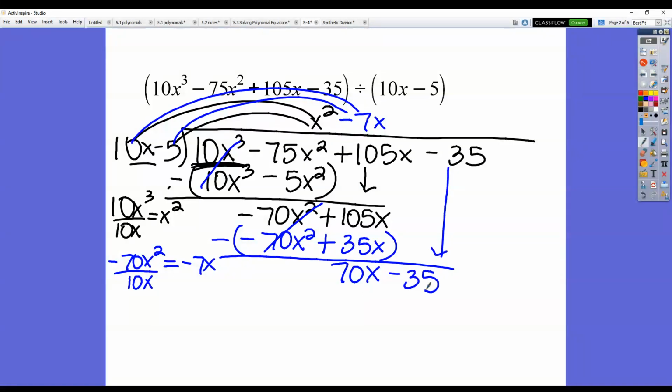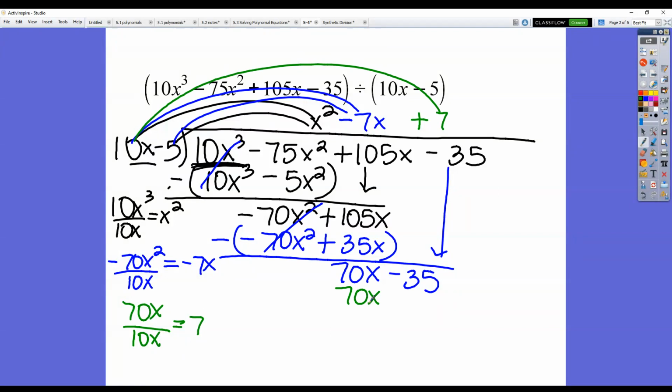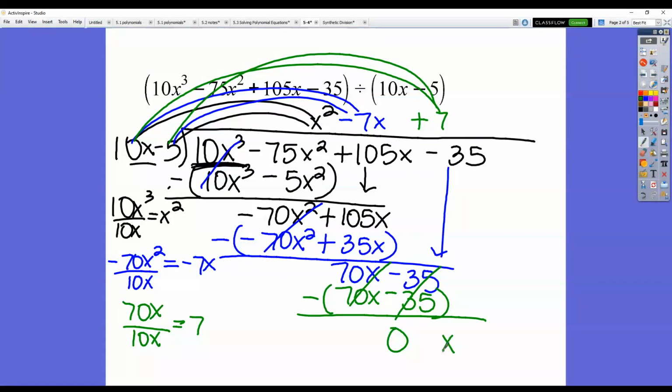I'm going to change colors again. So 70x divided by 10x would be 7. So then we put plus 7 up here. And then we multiply. And don't forget you're subtracting, and all of it's going to cancel. So my answer is x squared minus 7x.